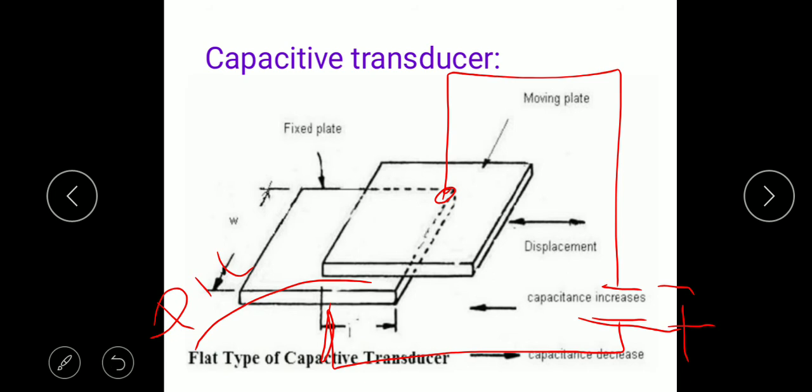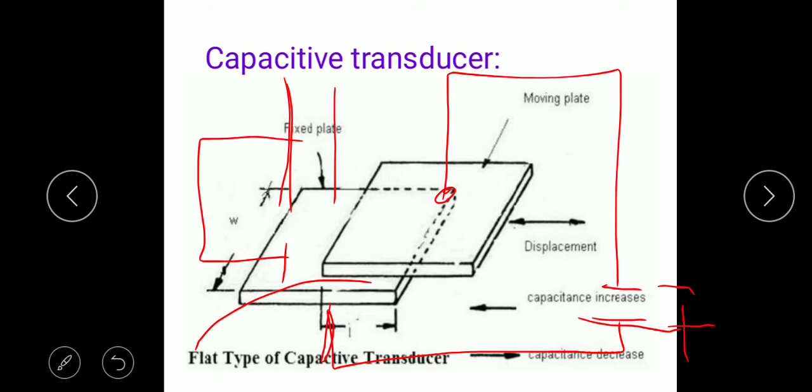If you are not clear with this concept, just see, these will be the two plates, connected in the circuit. Consider this as the fixed plate and the second one as the moving plate, and in between these two plates there will be a dielectric medium.